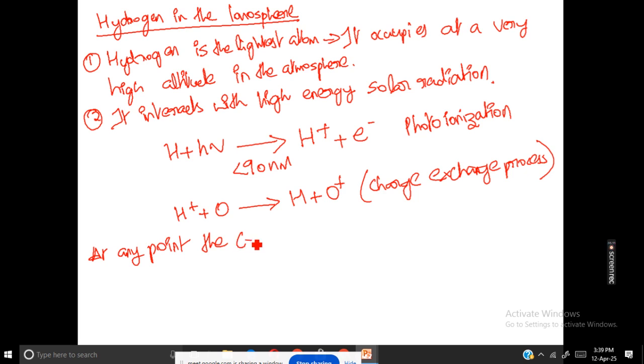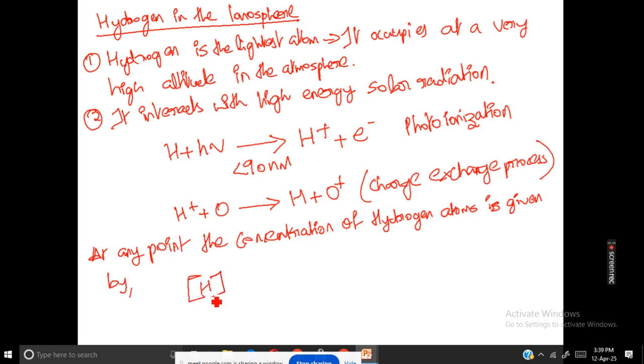The concentration of hydrogen atoms is directly proportional to the concentration of H plus ions and that of oxygen.